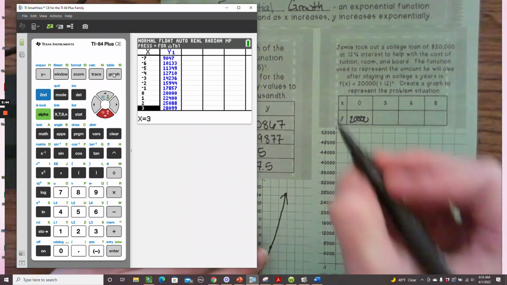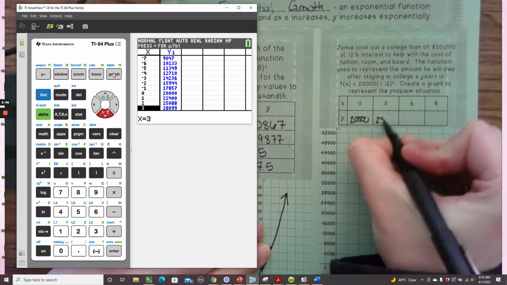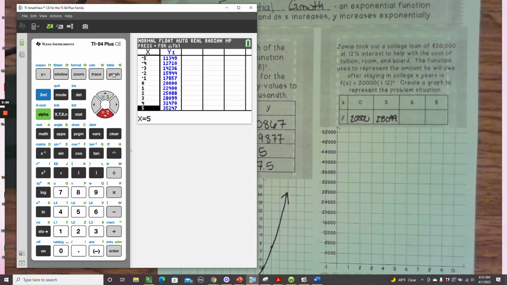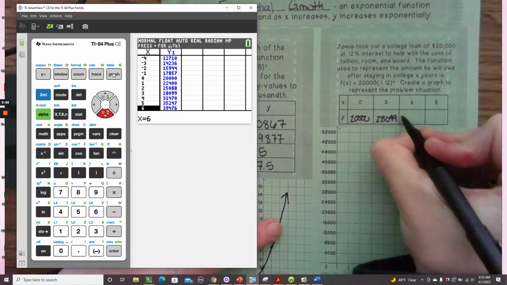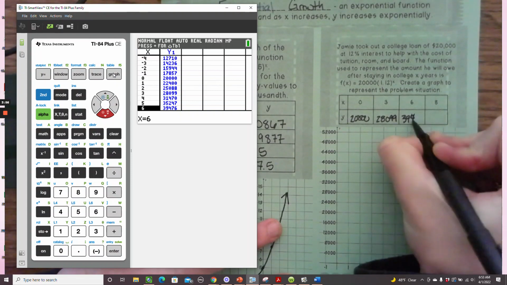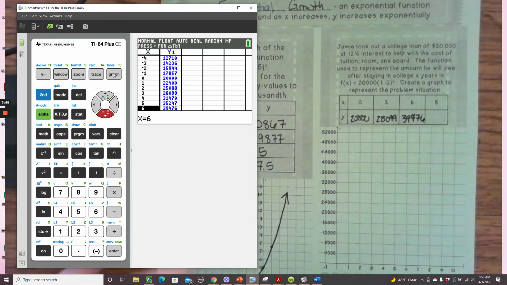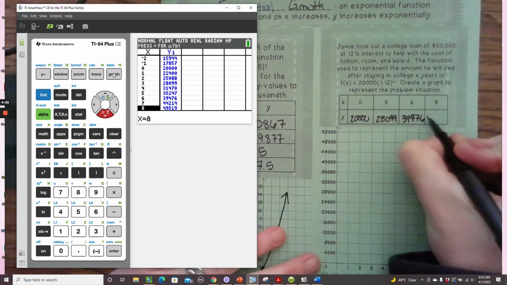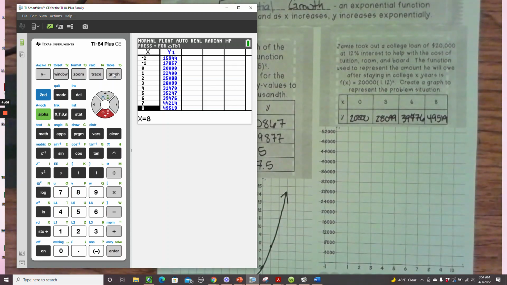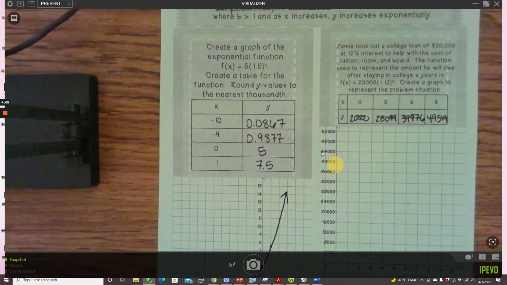So 3 is 28,099. 6 is 39,476. And then 8 is 49,519. Okay, so now we can start graphing.